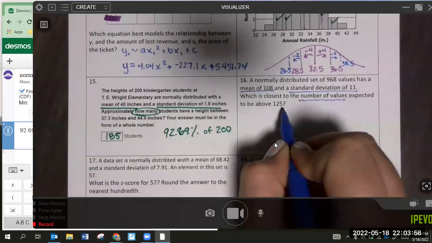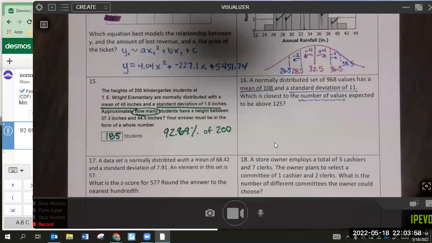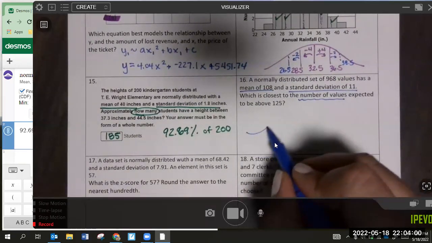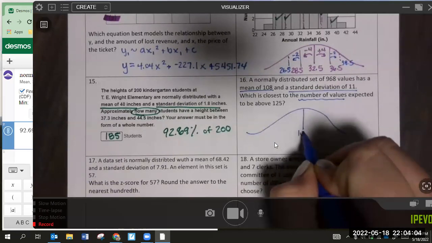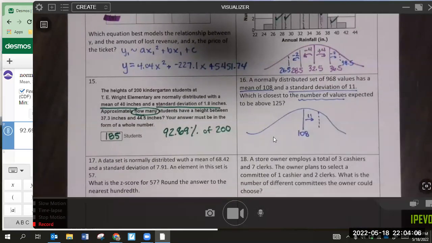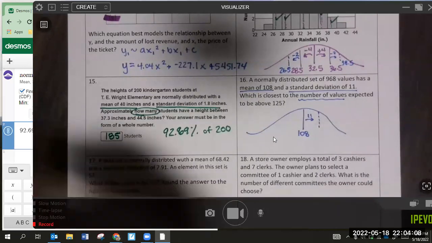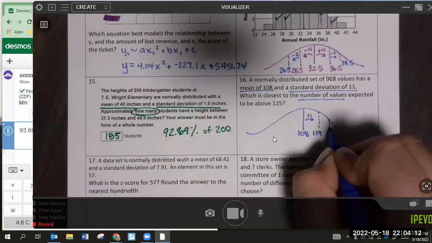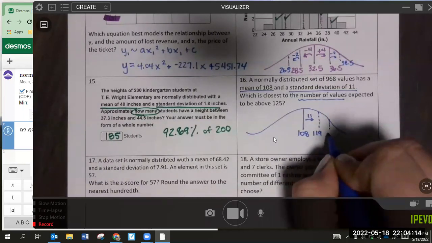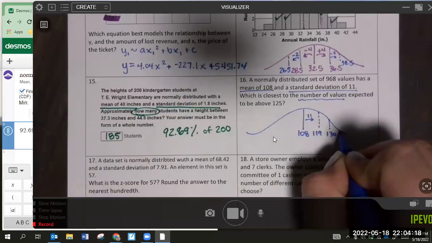So we've got our lovely bell curve. We have our mean in the middle of 108, standard deviation of 11. So if I add 11, we're going to get 119. If I add another 11, you get 130, keep going, etc. 125 is between our standard deviations.